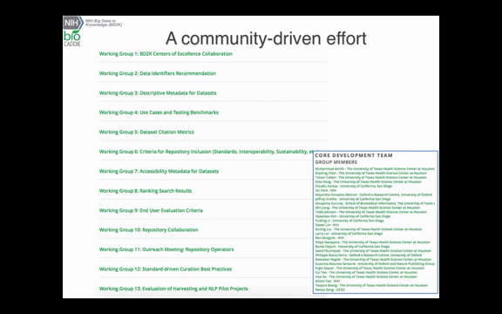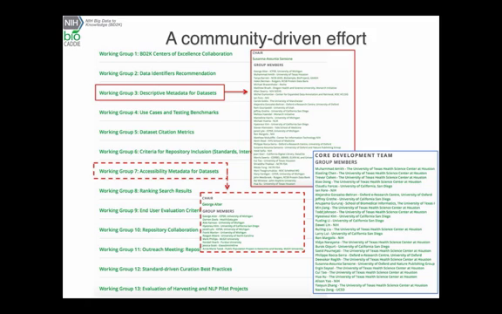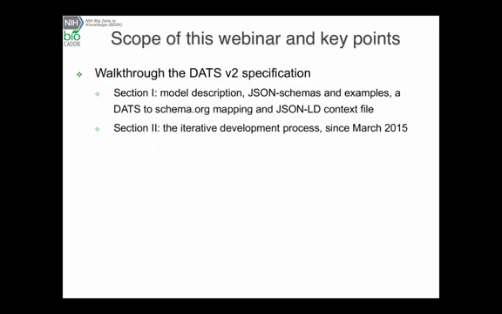That's the reason why it is important for me to show, first of all, that several people have participated in the development of the work being presented: not just the core developer team in bioCADDIE, but also the members of working group number 3, the so-called metadata working group, which I chair, and the working group on metadata for accessibility of the data set, which is chaired by George. So many people to acknowledge.